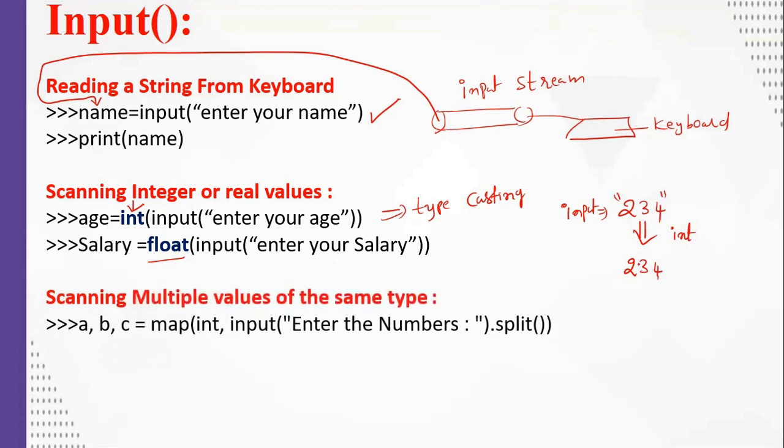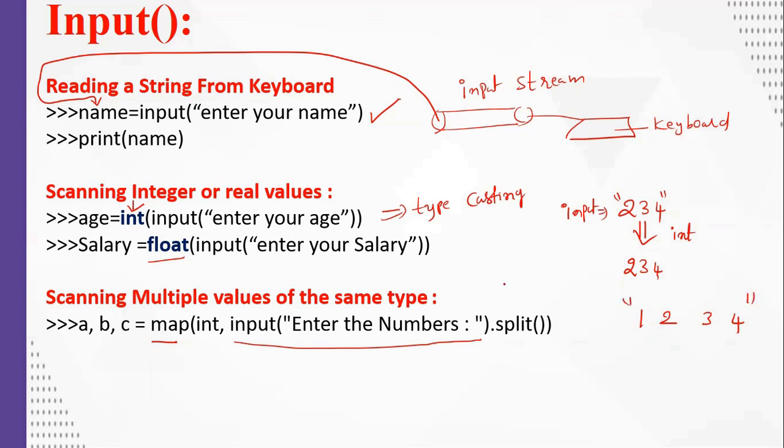If you want to scan multiple values at a time using the input function, there is a predefined function in Python called map. So you can read multiple values using the input function. As we know, input is scanning. For example, I want to read 1, 2, 3, 4 as integers. When you scan this using the input function, it will be scanned as a string.